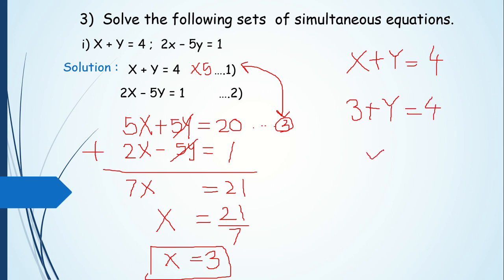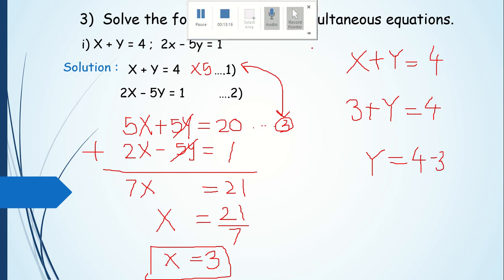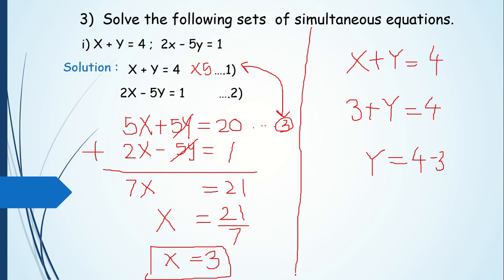Now this 3 is added with y, it goes that side, it will become subtraction. So y is equal to 4 minus 3, and therefore y is equal to 1. So x is equal to 3, y is equal to 1 is the solution here.